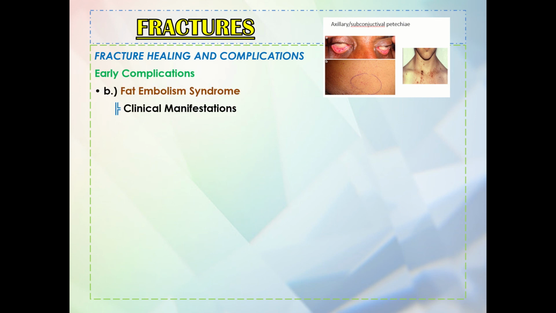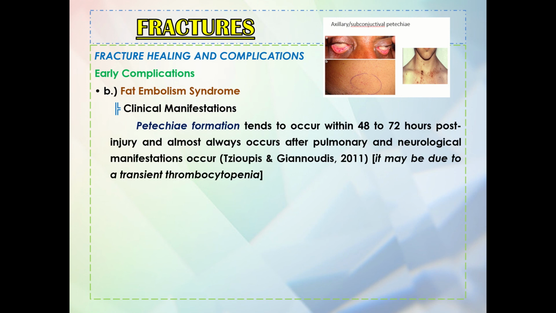So you have the una is the respiratory problem. Pagka may FES tayo, so it manifests muna sa respiratory and then neurological manifestation. And then the third one, you have the petechiae formation or petechial rash, di ba? Kung kanina yun sa classic triad natin.